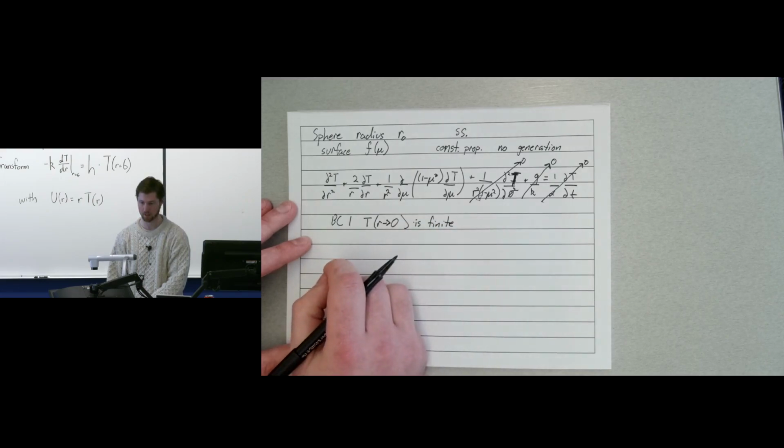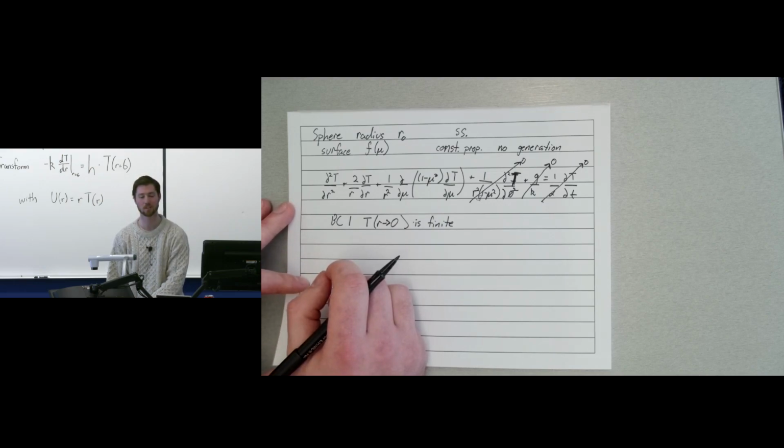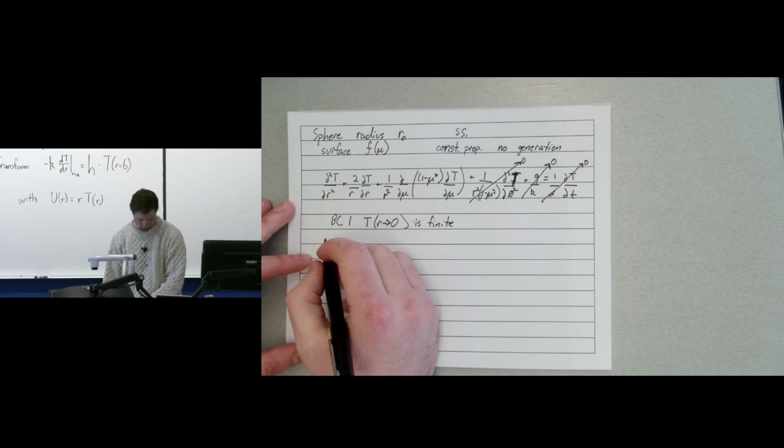Do you all know what T as r approaches 0 is finite means? All right, somebody tell me. What does it physically mean? You can have infinite symmetry? You can have infinite temperature at your center. Symmetry. Can't have infinite temperature at our center. Essentially, that throughout the entire sphere, it's all a real value of temperature. Okay.